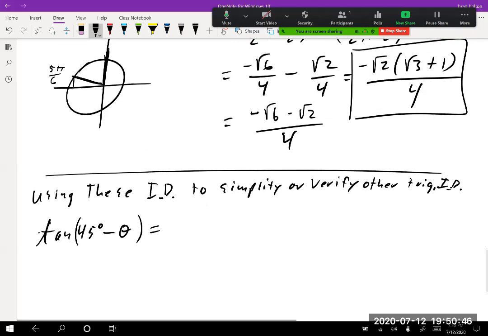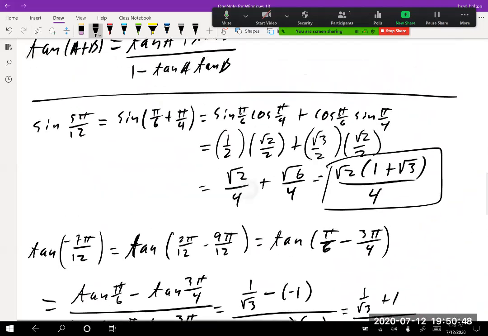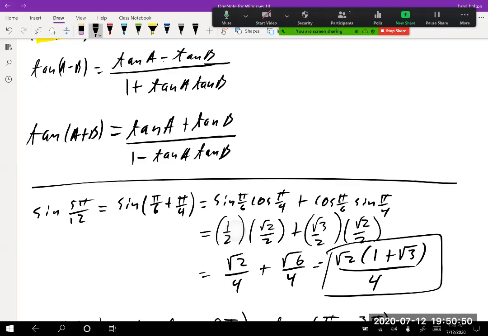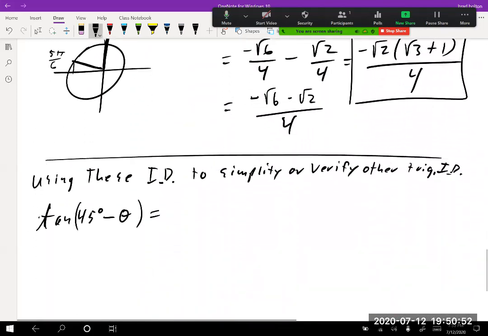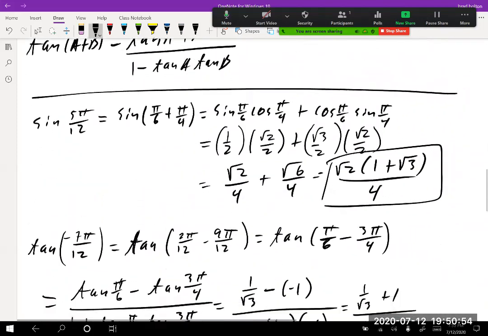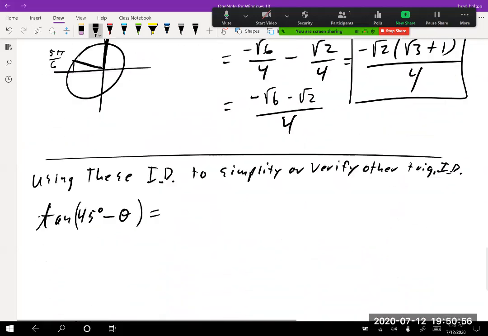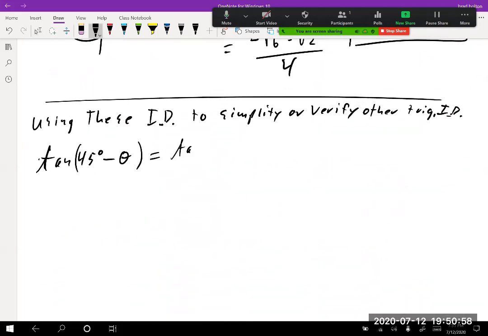For tangent it's minus and then plus. So we get tangent of 45 degrees minus tangent of theta, divided by 1 plus tan 45 degrees tan theta.